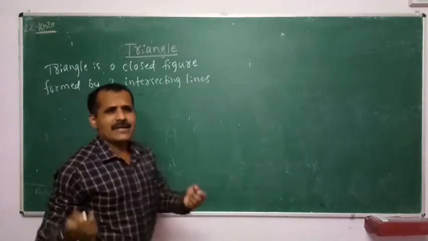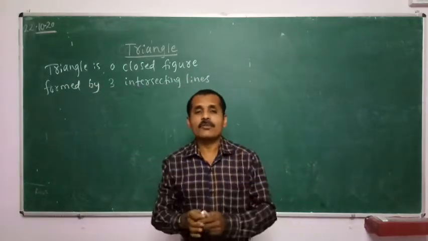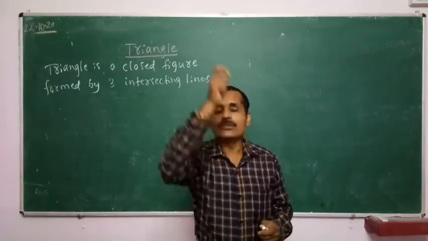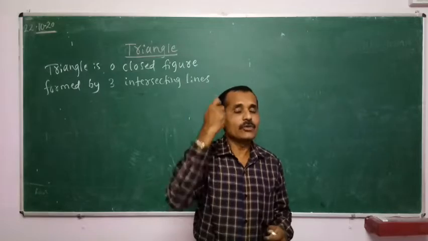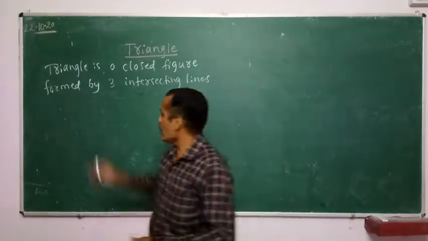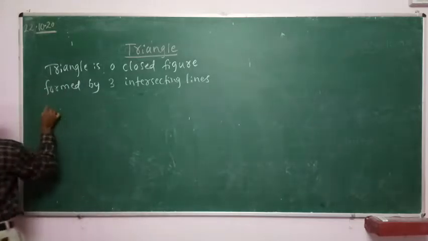We can also say a triangle is a closed figure formed by joining three non-collinear points. When we join three non-collinear points, we get a triangle.